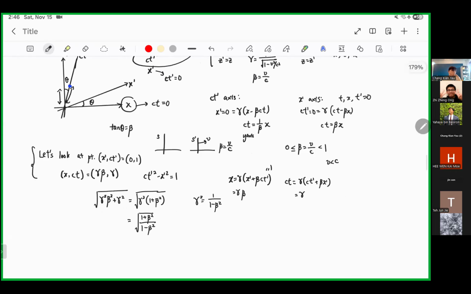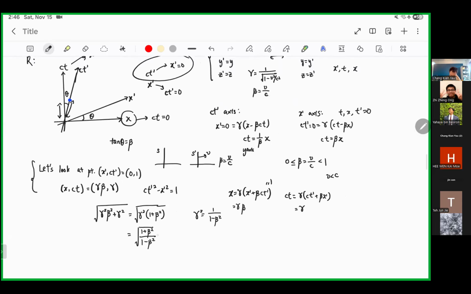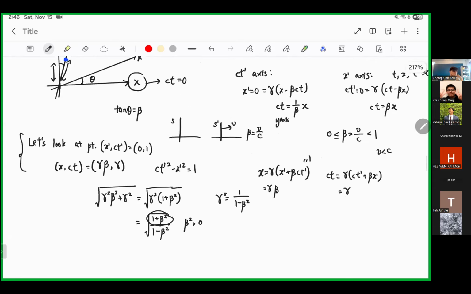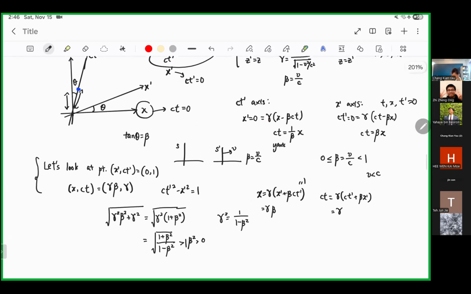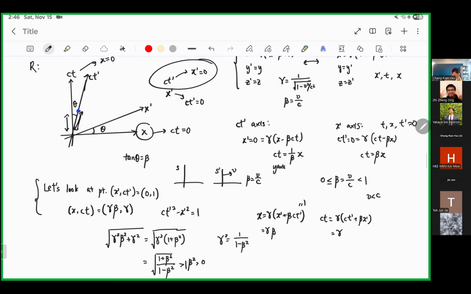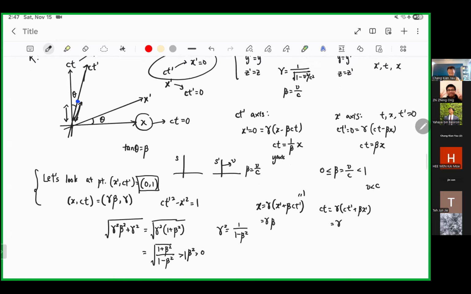You know that beta squared is larger than 0, so this term would be larger than 1. So on the ct prime axis, 1 unit, if we look at it from the ct unit of the original frame, gets stretched out.